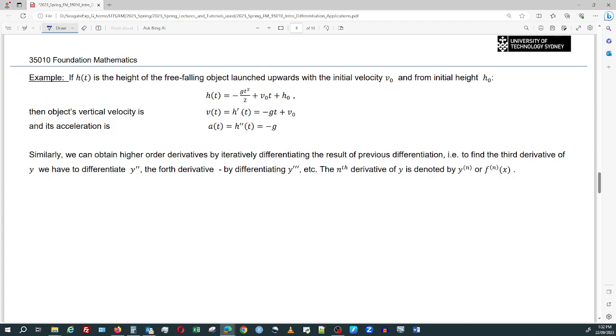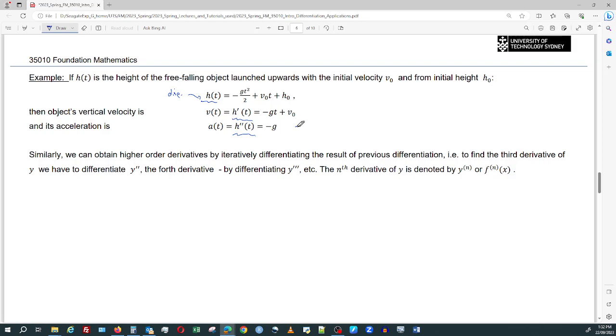So what have we got here? Let's have a look. Our height function, then the object's initial velocity is given by its velocity, which is the differential of the displacement. So this is our displacement function. Then the velocity is the differential. Oh, look at this. The acceleration is the differential of the displacement in the second degree.